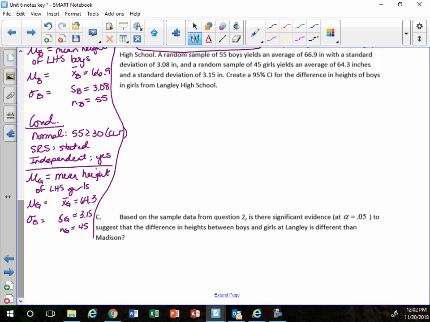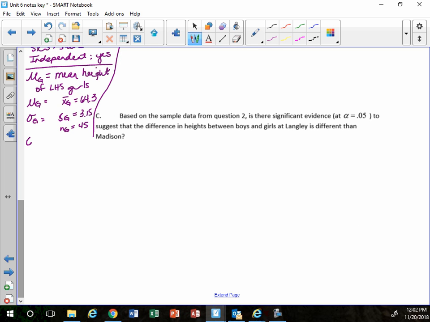Conditions again. Normal, 45 is greater than or equal to 30. That's the CLT. Random are as stated. Independent. Okay, I'm tired of writing all of that.